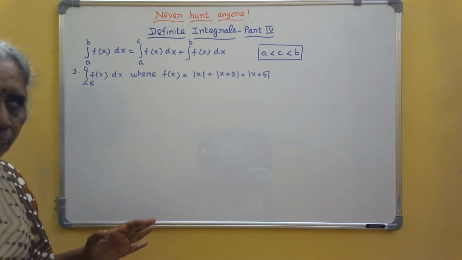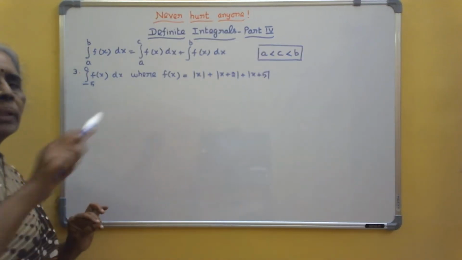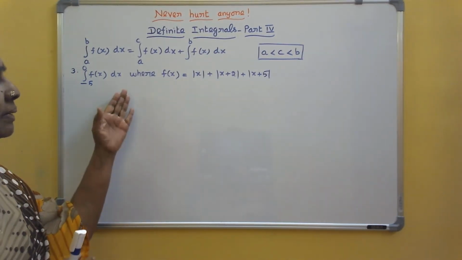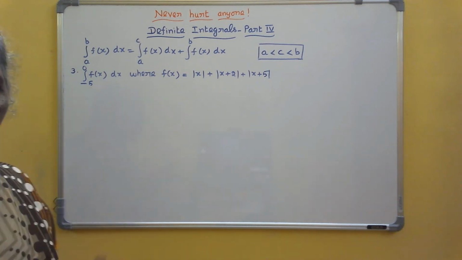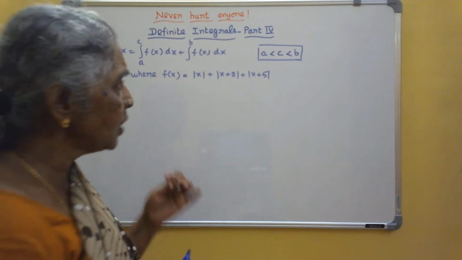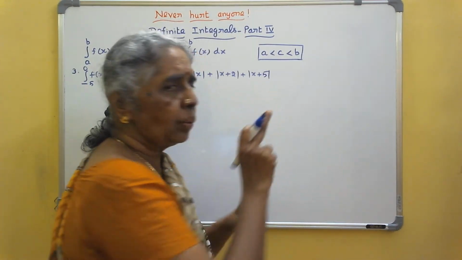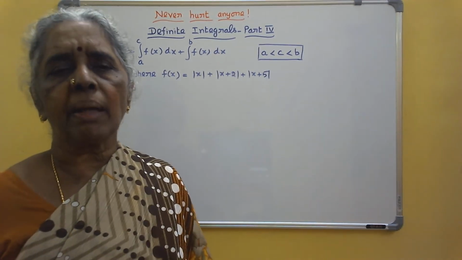That means I am left with only this one, which will come in between. So this is happening in this sum. Not necessarily it will be like this. Okay? So for this particular sum, these x values coincide with the lower limit and upper limit.